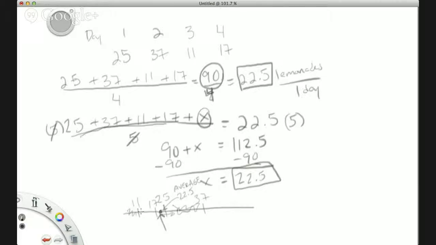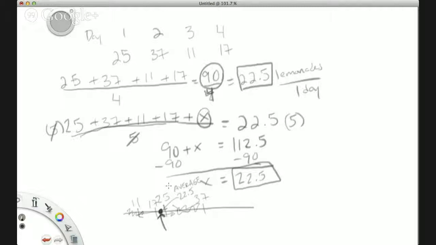It can't be anything over here, because then it would pull the average down a little bit this way. So the 5th and final lemonade sale day has to be exactly the average to keep the average where it's at. Now that we've gone through this, it probably seems like a really easy problem, almost too easy, but a lot of people are going to get it wrong because they don't understand the concept that the average needs to stay where it's at for it to equal what the average was before.